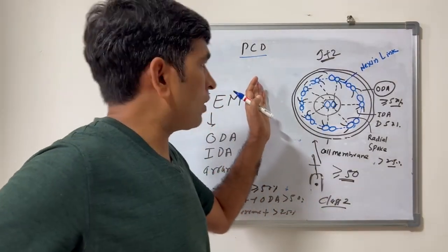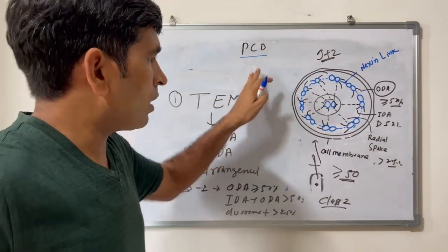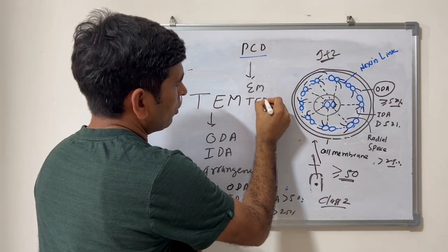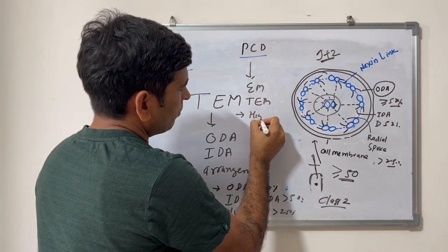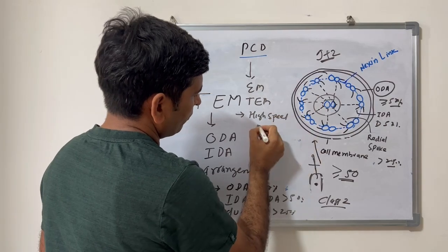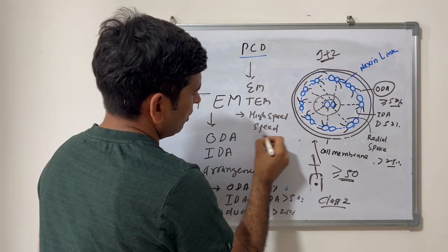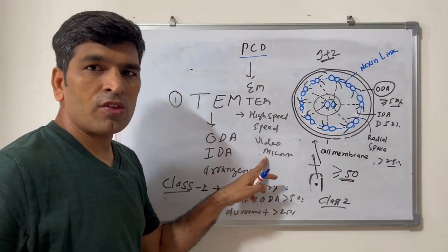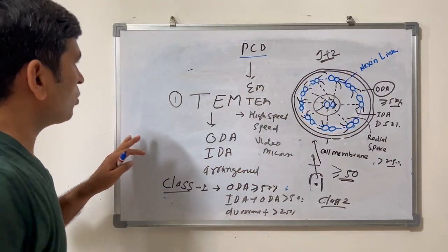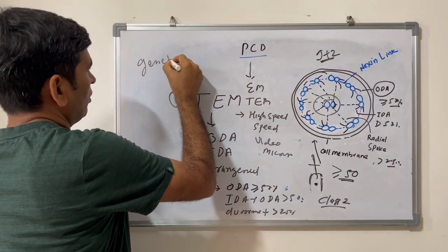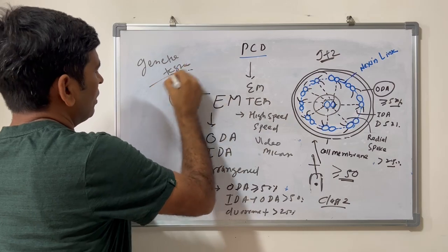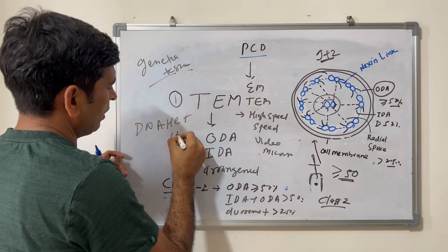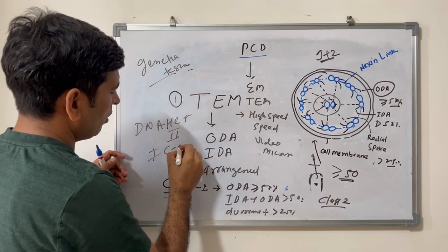So how will you diagnose this? PCD can be diagnosed under the transmission electron microscope, or by high speed video microscopy, immunofluorescence staining, or genetic testing, like the dynein axonemal heavy chain defects 5 and 11, and intermediate chain defect 1.